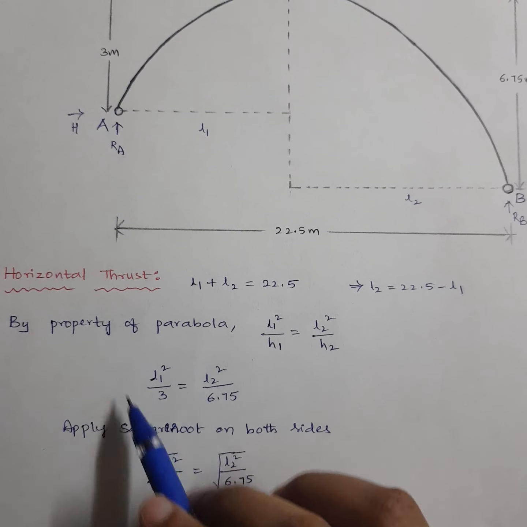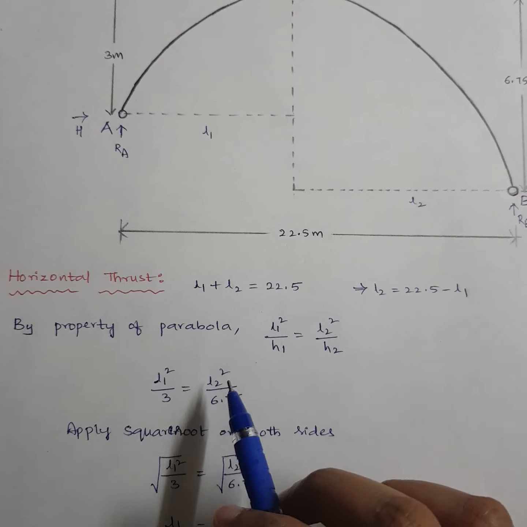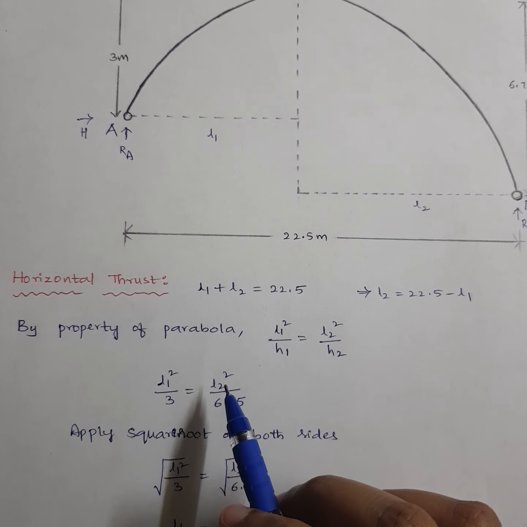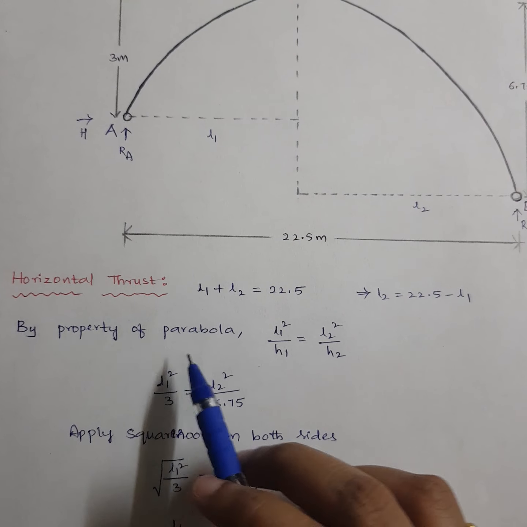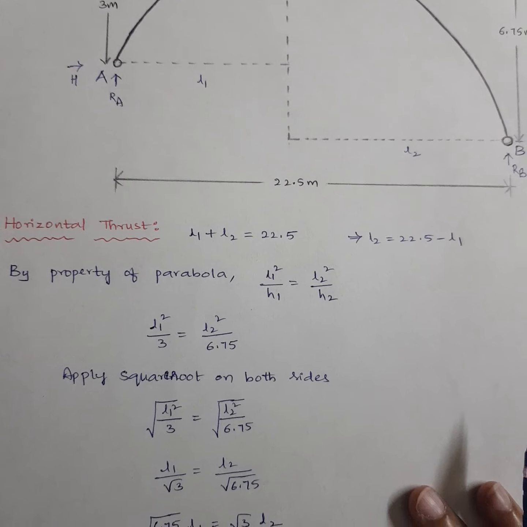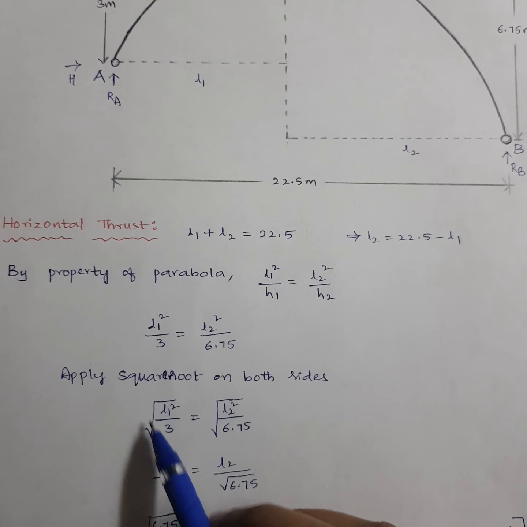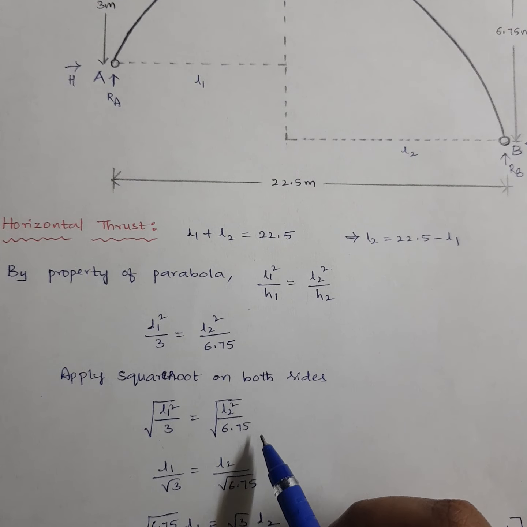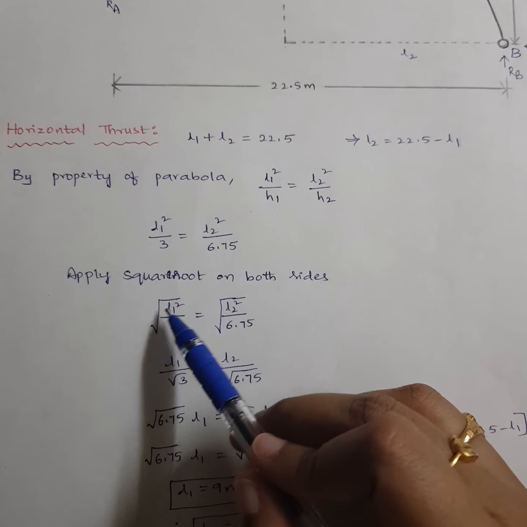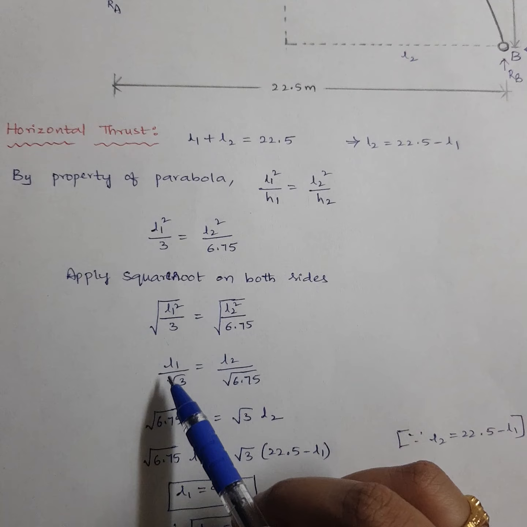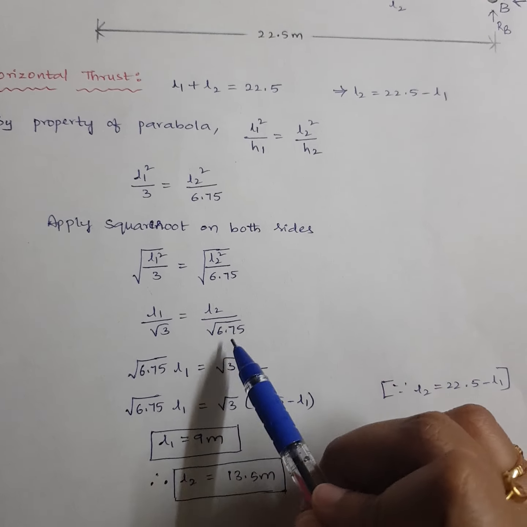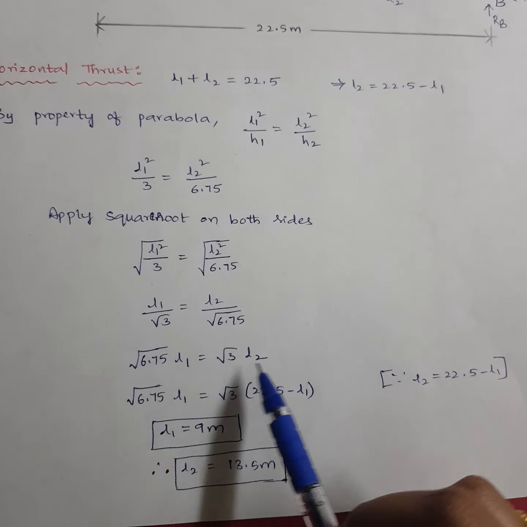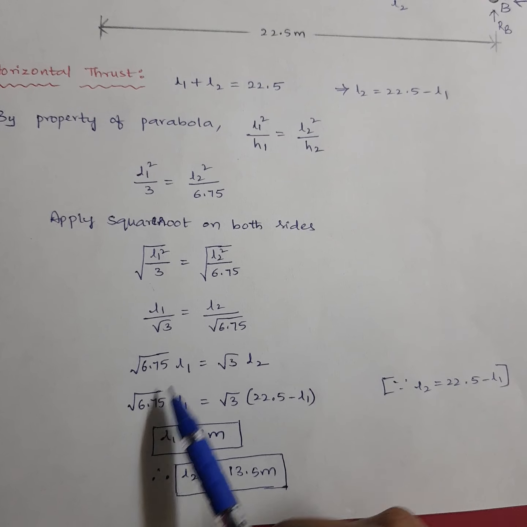Now I will apply square root on both sides, because I have L1 square and L2 square and I just require L1 and L2. So it is under root of L1 square by 3 is equal to under root of L2 square by 6.75. Now here the square and root will get cancelled, so it becomes L1 by root 3 equal to L2 by root 6.75. So just try to simplify the equation.